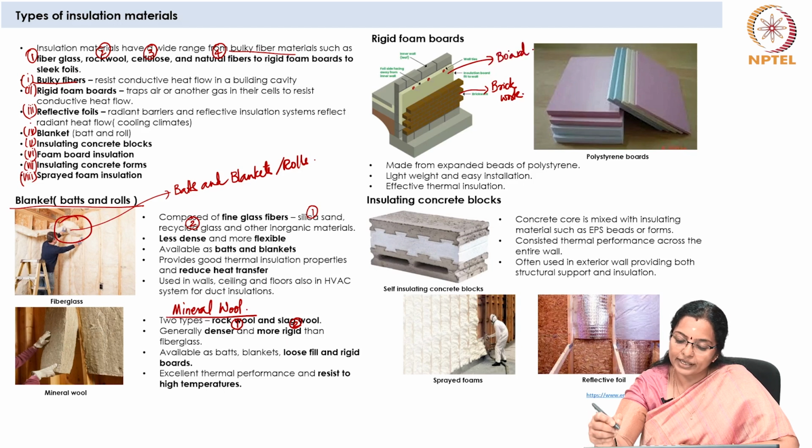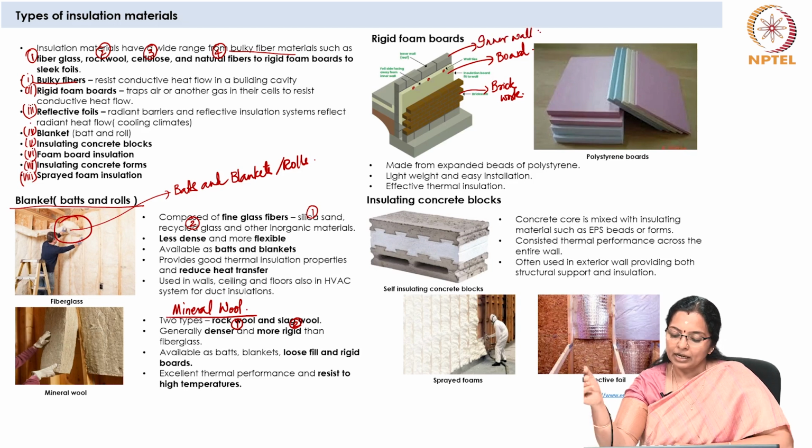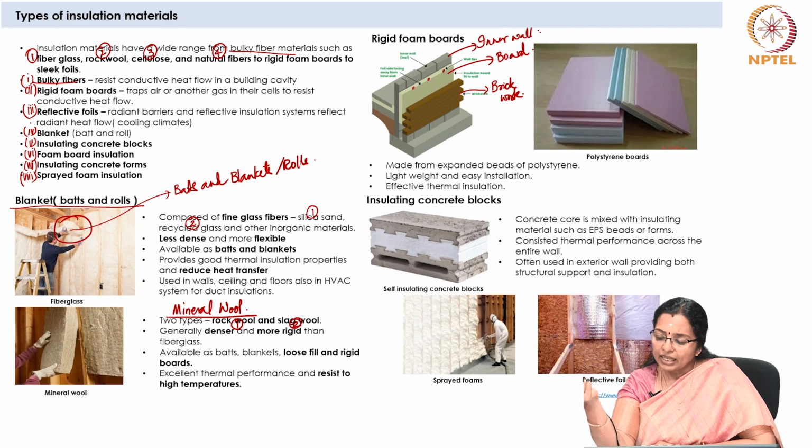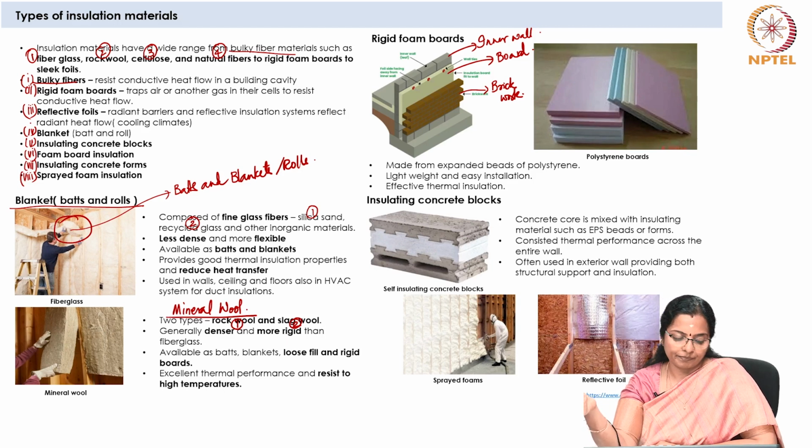This is the insulating board and this is the inner wall. So, there are polystyrene boards which are rigid foam boards. They are made from expanded beads of polystyrene. They are lightweight and easy to install and they are effective thermal insulation.